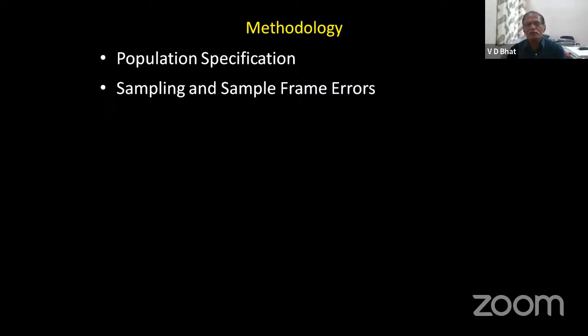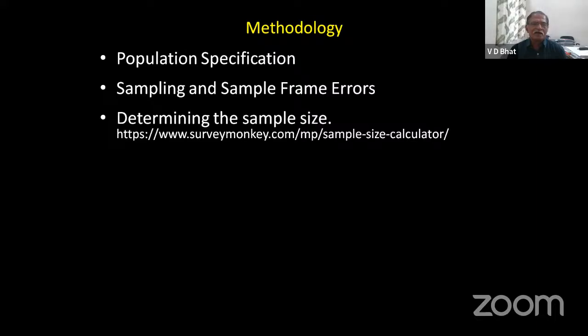Without sample frame, I cannot do a random selection of sample. Determining the sample size, normally what happens, if I am doing a survey, I will go and ask my guide, sir, madam, how many people should I give the questionnaire? How many people?